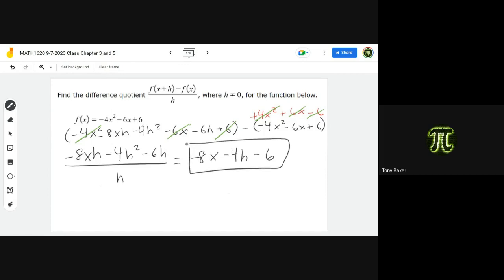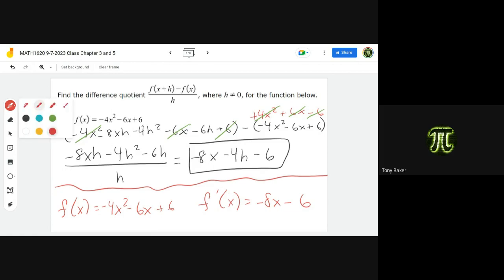And that's the answer to this question. And that's the derivative of the function.